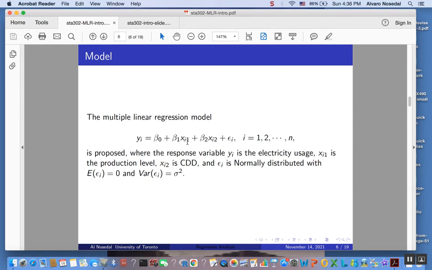We have the second subscript because that's for the first predictor variable, and then we have something similar for the second predictor variable. Anyway, what I wanted you to see is that we could express this using matrices. This would be a 1, this would be the value for the ith observation for the first predictor variable, and this would be the value for the ith observation for the second predictor variable.